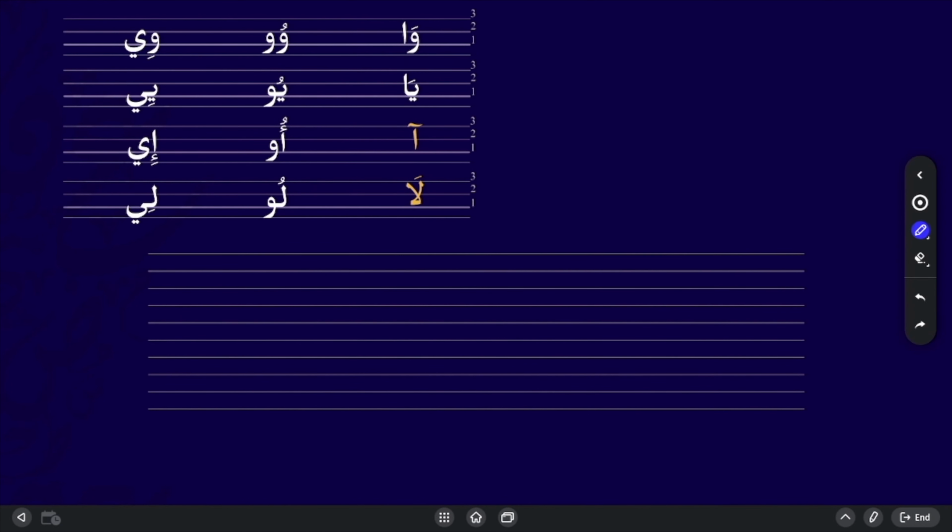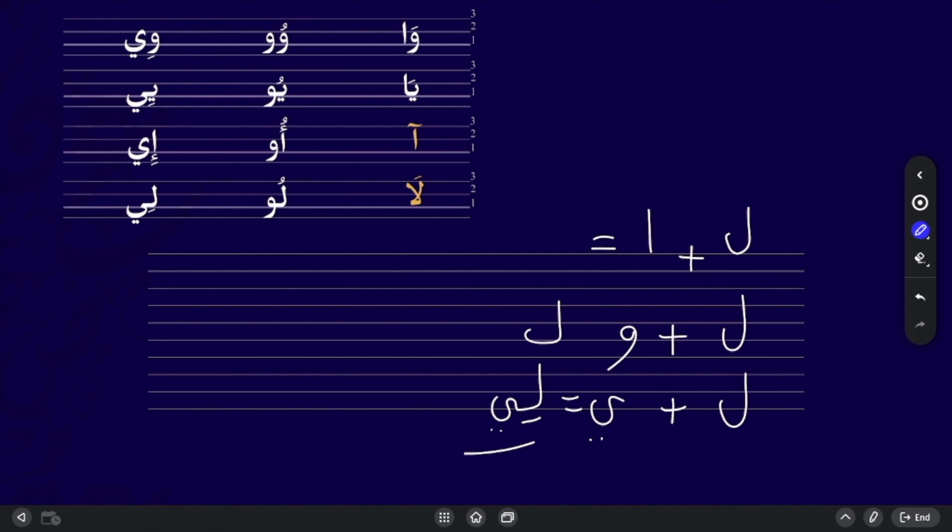Finally, when you apply the long vowels to the lam, lam plus alif, lam plus waw, and lam plus ya, you would proceed naturally, lee, loo, and here laa. We actually find ourselves in the same position as the alif.